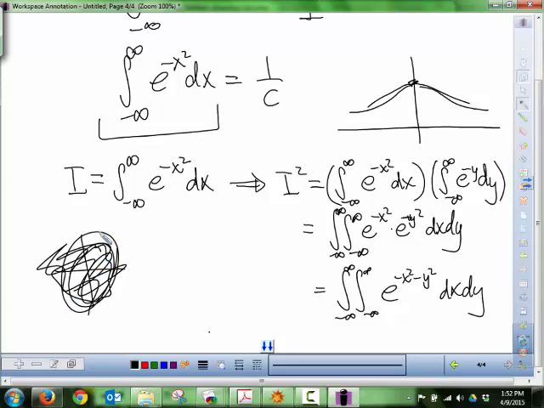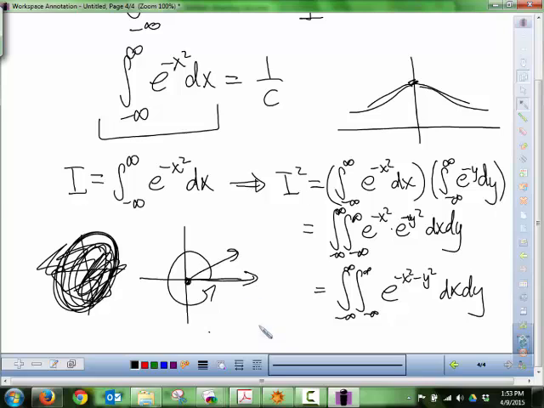So if you have the infinite plane and you want to express this in polar coordinates, we can think about this a little bit differently now, right? Let's express the infinite plane in polar coordinates. What does r go to? r can go from 0 to infinity. And what does theta go from? 0 to 2 pi.